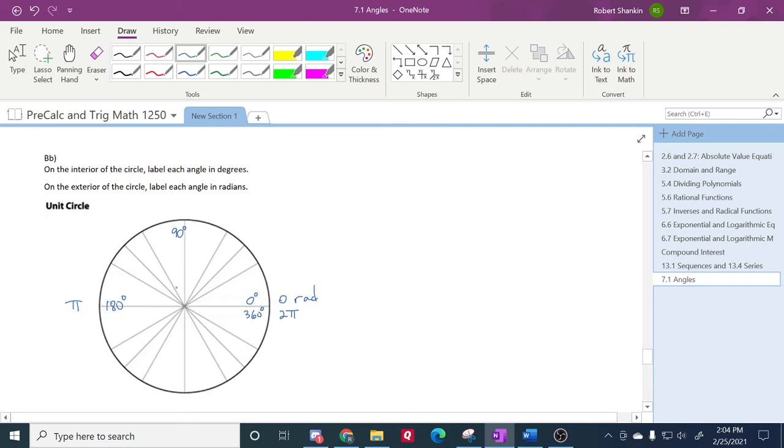All right, so with this in mind, I want you to fill in on the inside the degrees, and on the outside the radians, the portions of the fractions. I'm going to give you a couple minutes to get ahead of me, and then I'm going to do that as well. But see how far you can get before I start doing it.